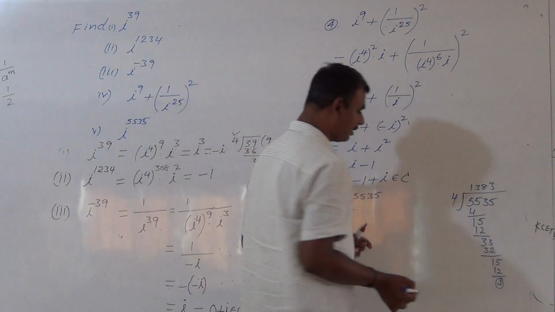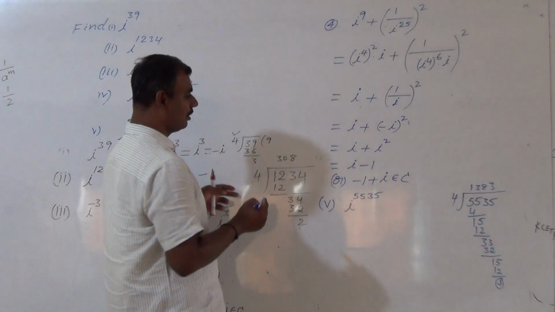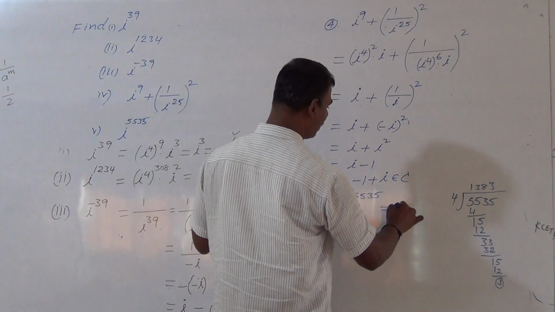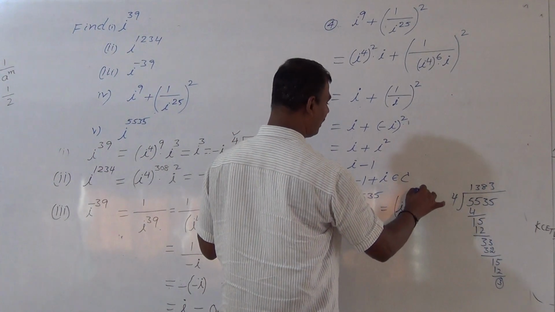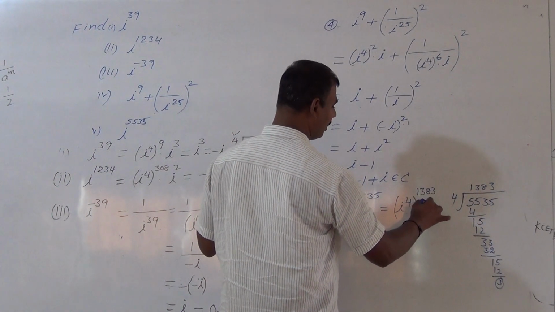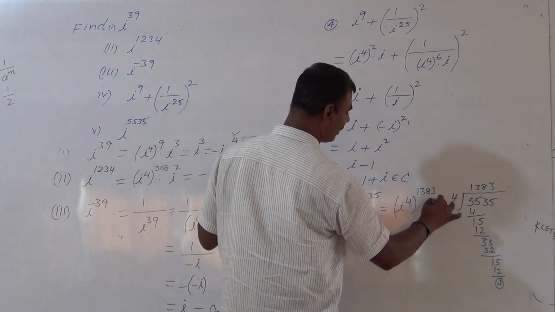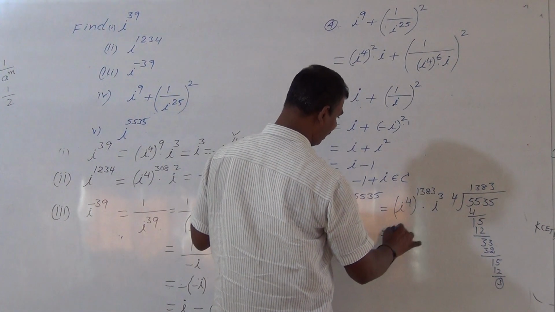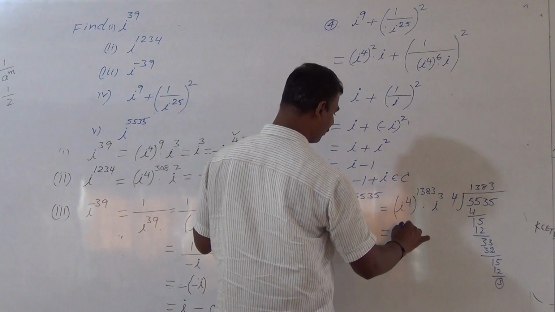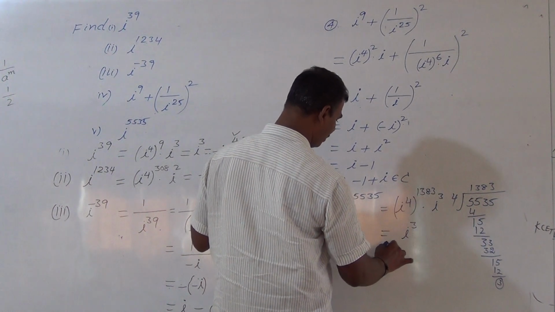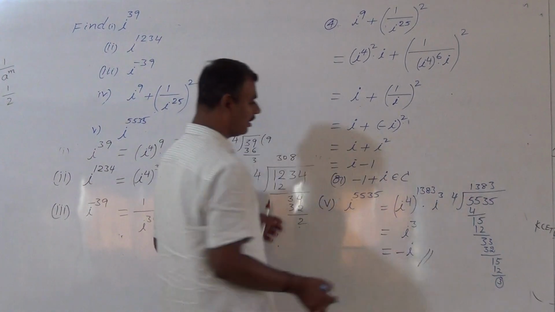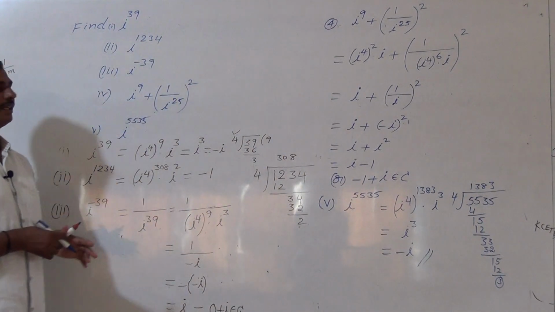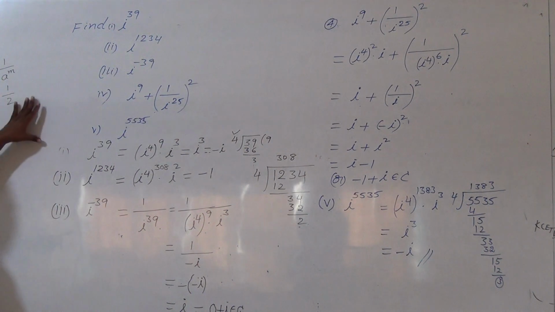So remainder what? 3 only. So now this can be written as i raised to 4 whole raised to 1383 into i raised to 3. This will be 1 into i raised to 3. Do we know this value? Yes, that will be minus i. So do like this, all types of questions.